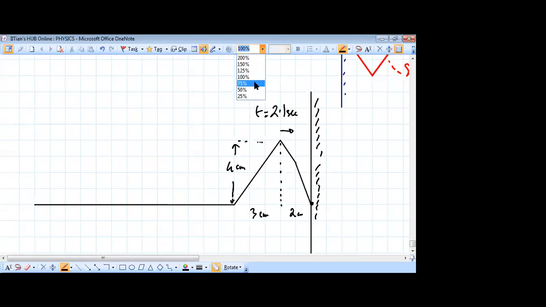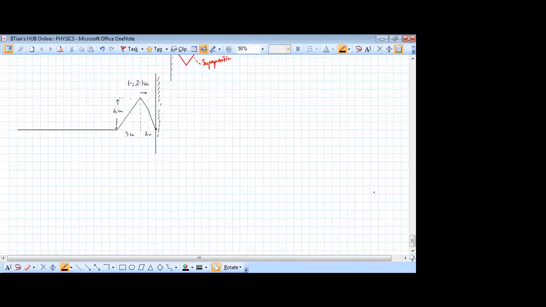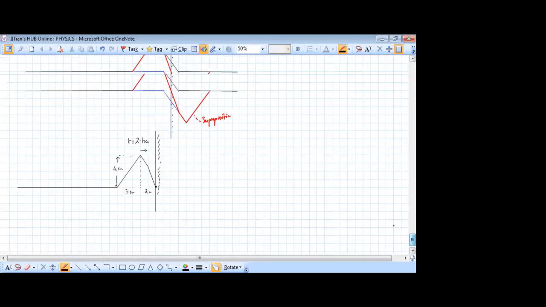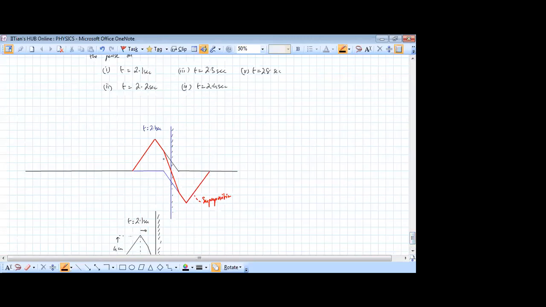Now you have to add these two lines, then you will understand it. If you write an equation of this line and an equation for this line, y equal to mx plus c kind of line, with this point as the origin, you will see that at the origin the displacement will be 0, but here it adds such that the slope changes. It's just mathematics, basically.